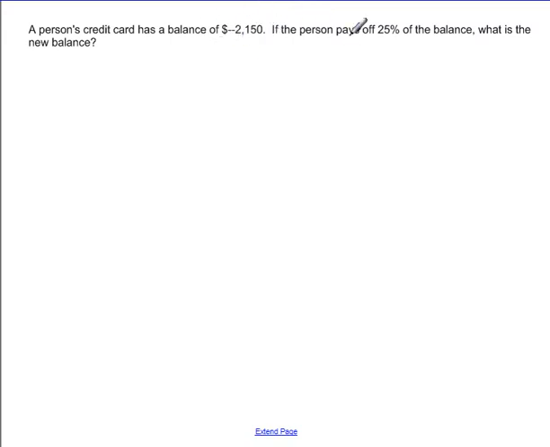So we know that the person is going to pay off 25% of the balance. And when we see a percent of a value, and we know the value of the balance is negative $2,150, if I want 25% of that, I know that 25% of means 25% times.